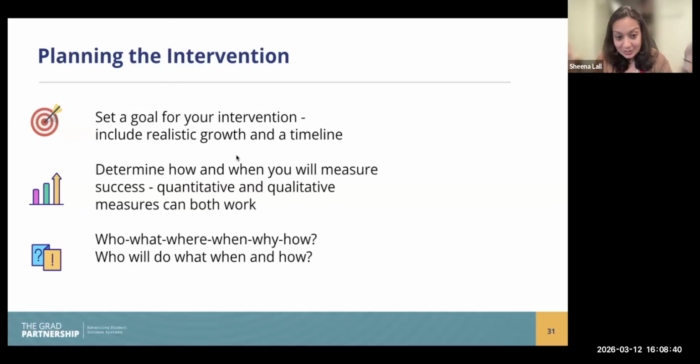Lastly, who will do it? What will they do? Where will they do it? When will they do it? Why will they do it? And how will they do it? And these are really important questions. And we really want to have much more detail involved in how we are being strategic about planning our intervention.